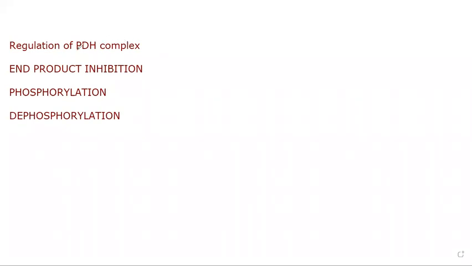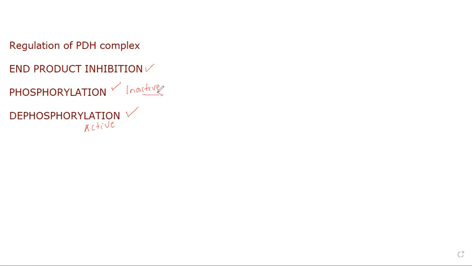So now we can see the regulation of PDH complex. How is this pyruvate dehydrogenase complex action regulated? There are three methods by which this PDH complex is regulated. One is endpoint inhibition, which is also called feedback inhibition. Second one is phosphorylation, and third one is dephosphorylation. This pyruvate dehydrogenase complex is active in the dephosphorylated state, and it is always inactive in the phosphorylated state.